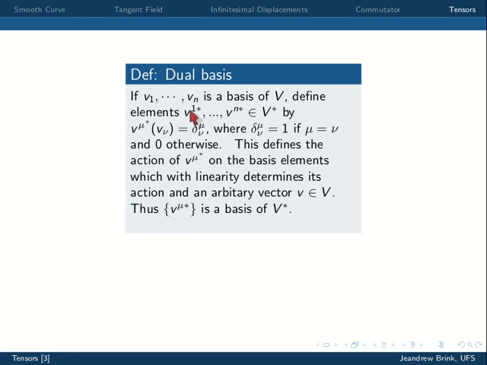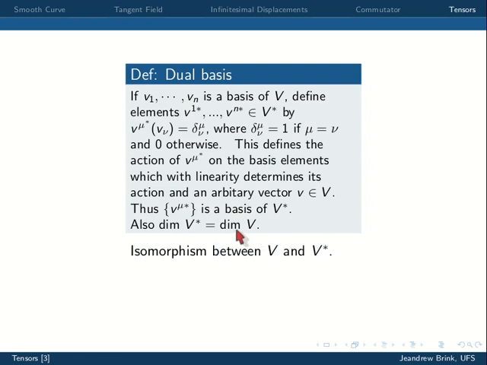You can simply work out what it is, because whenever you hit the basis of the dual vector space, you're going to have this delta coming in. Therefore this thing is the basis for V star. Because there's a one-to-one relationship between the two, the dimension of V star is the same as the dimension of V.